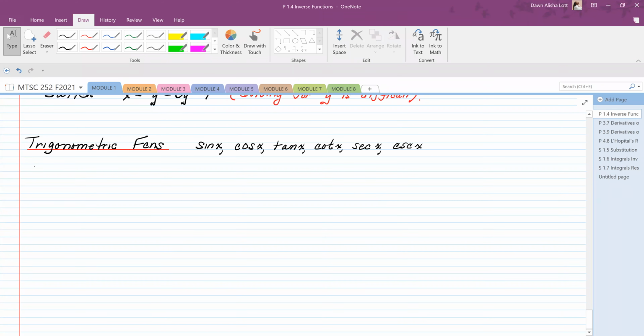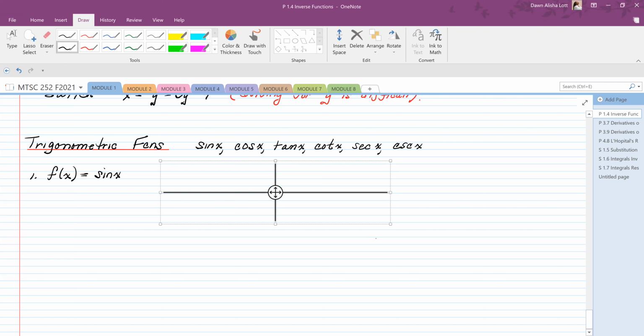So let's start off with f of x equaling the sine of x. Okay, so the sine of x is an oscillating function, okay? And so I'm gonna mark off some places here just to help me out.